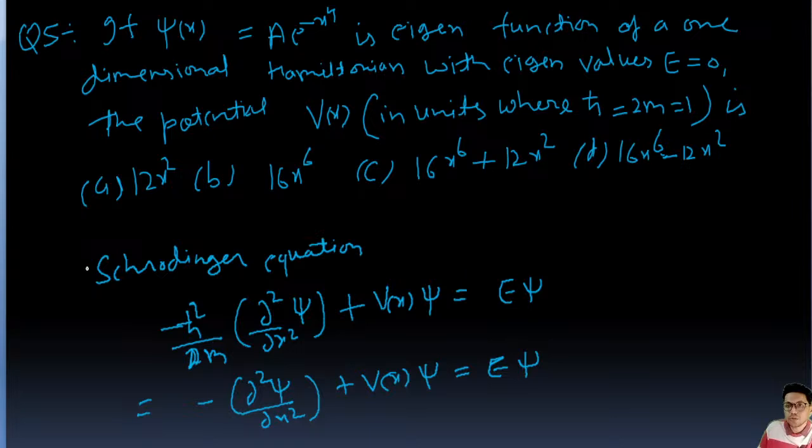And E is also given 0, so the equation is going to be minus del square upon del x square. The value of psi is a e to the power minus x to the power 4, plus V psi, Vx function of x, or we can write V only, okay.